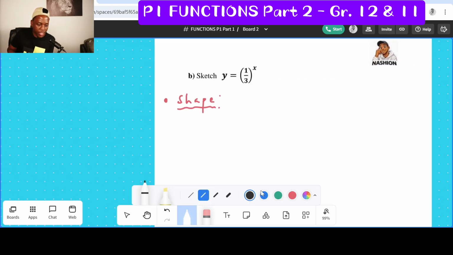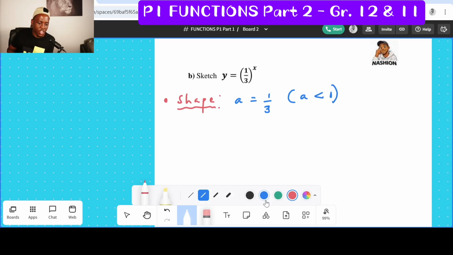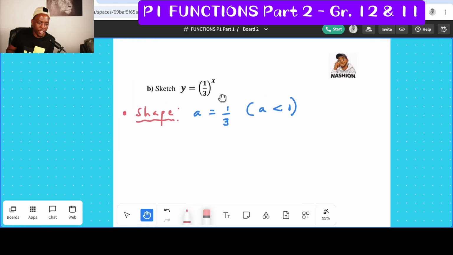So in this case, a is equal to 1 over 3. 1 over 3 is 0 point something, which is actually a number less than 1. So when we sketch this graph right here, it's going to be curving downwards. It's a decreasing exponential function.